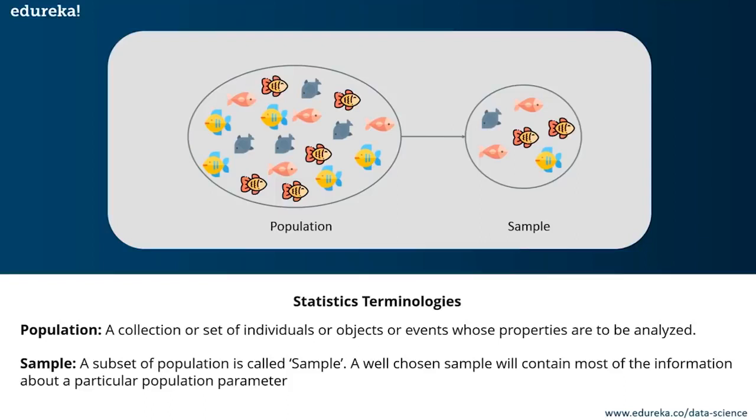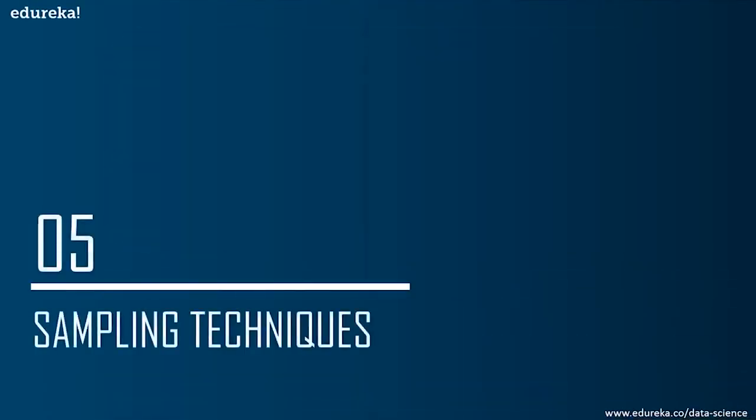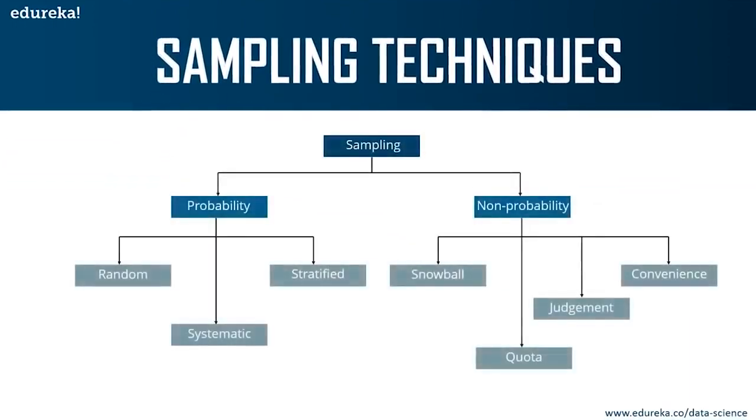A well-chosen sample will contain most of the information about a particular population parameter. Now you must be wondering, how can one choose a sample that best represents the entire population? Sampling is a statistical method that deals with the selection of individual observations within a population. Sampling is performed in order to infer statistical knowledge about a population.